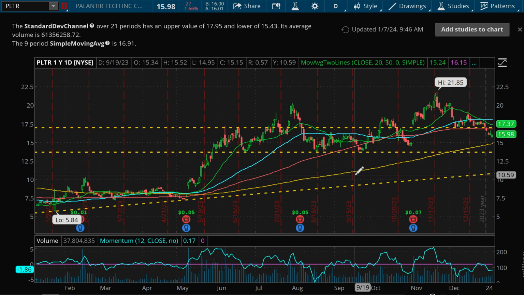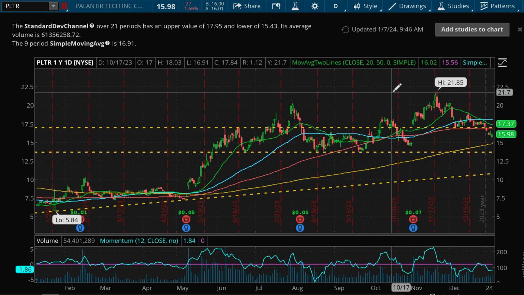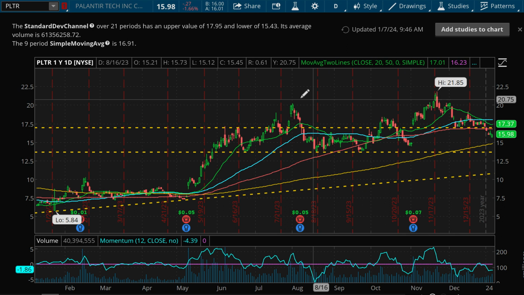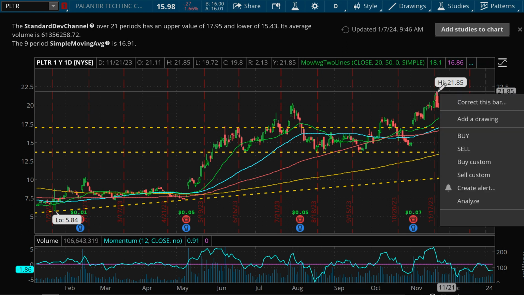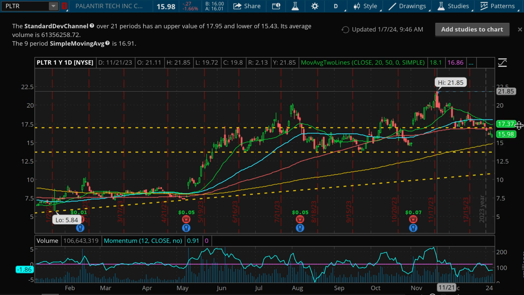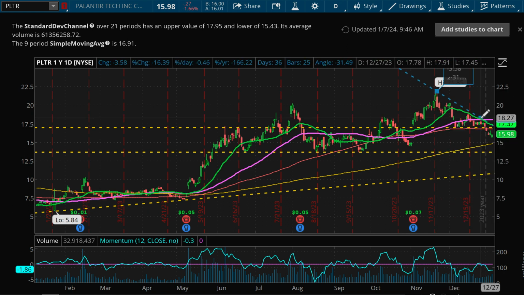But as we revisit this chart going forward, there will be more lines added to this, all right? It's important to do it. And then as far as short term, if you look at the chart, you can do this too. You can draw this line. Look, you see this?